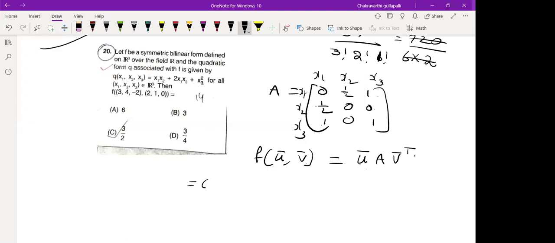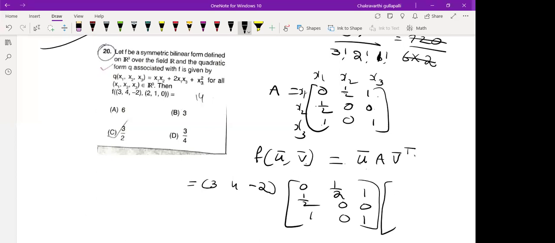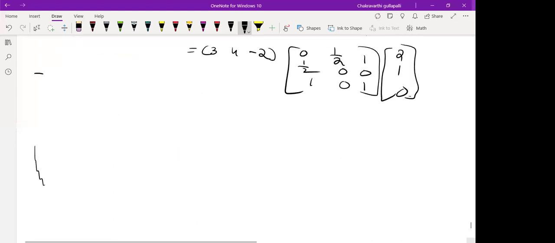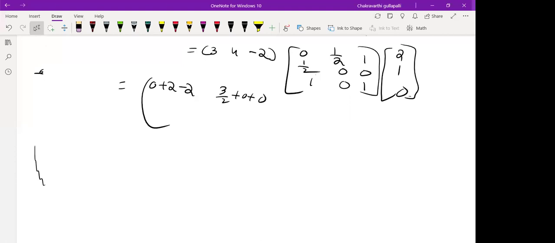Look at this. u bar is (3, 4, -2) times the matrix with rows (0, 1/2, 1), (1/2, 0, 0), (1, 0, 1), times v bar transpose (2, 1, 7). Let's calculate by multiplying. This is 3 times 0, 0, 4/2 minus... this into this, 3/2, 0, 0. Matrix multiplication: 3, 0, minus 2, 1, 0.